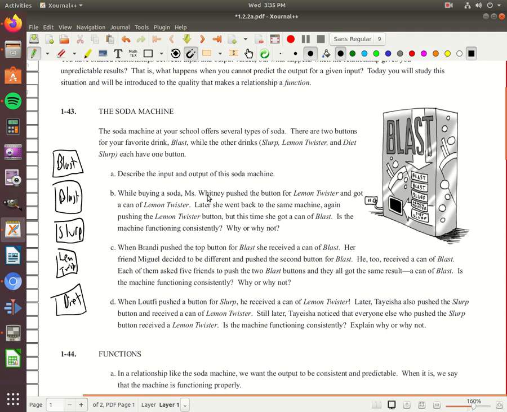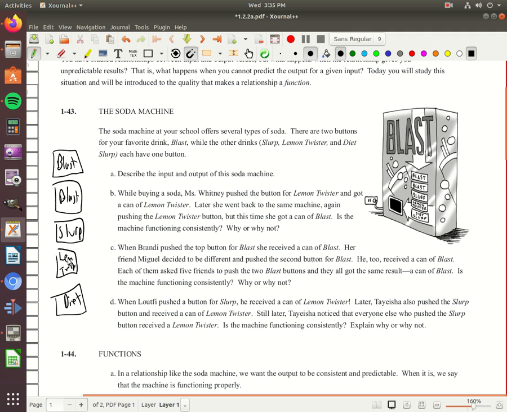While buying a soda, Miss Whitney pushed the button for lemon twister and got a can of lemon twister. Later, she went back to the same machine, again pushed the lemon twister, but this time she got a can of blast. Is the machine functioning properly? Or consistently, I should say. It's not consistent.